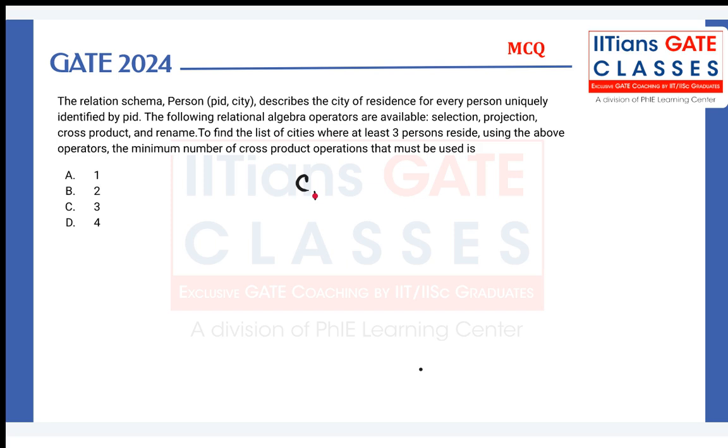You will maybe want to compare P1 with P2 with P3, right? For example, if I want to list the city C1, considering that there is a person P1, a person P2, and a person P3, all of them reside in city C1.